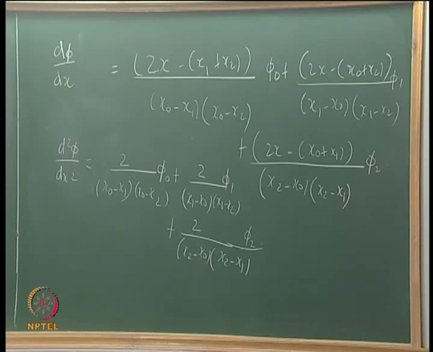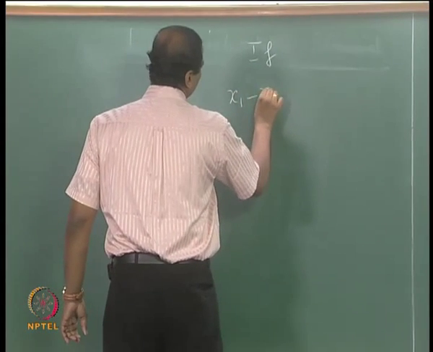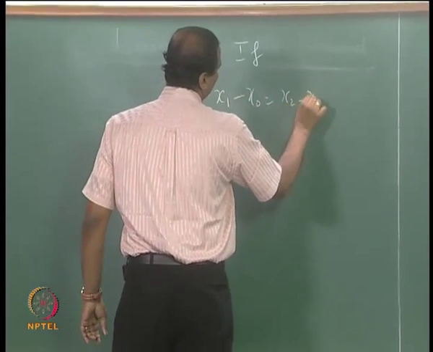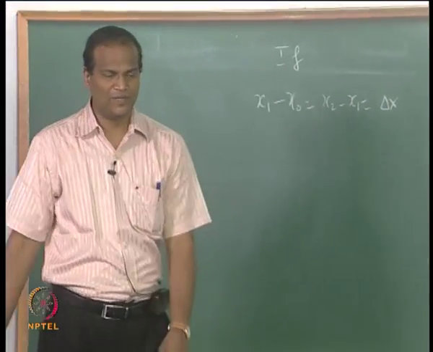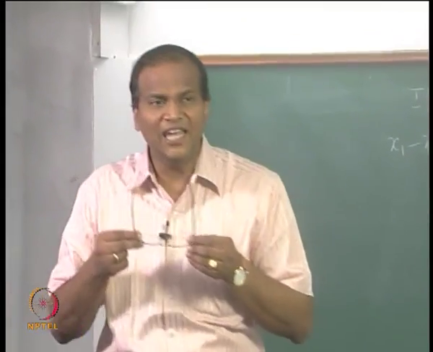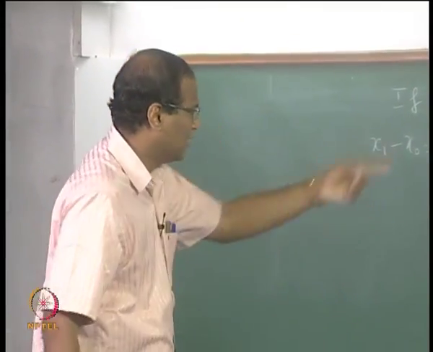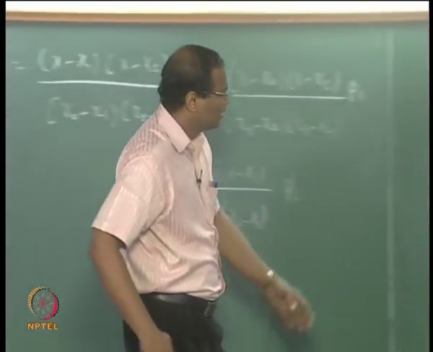If you have equal spacing, we call them equispaced intervals, then d squared phi by dx squared is the same everywhere.